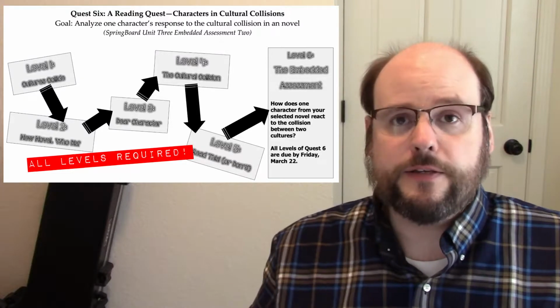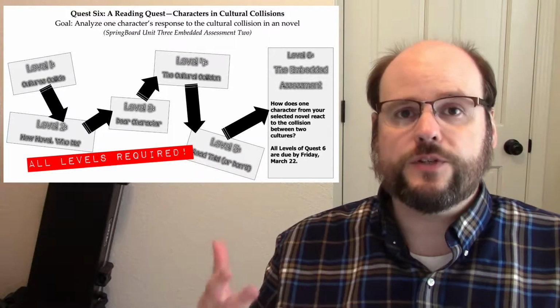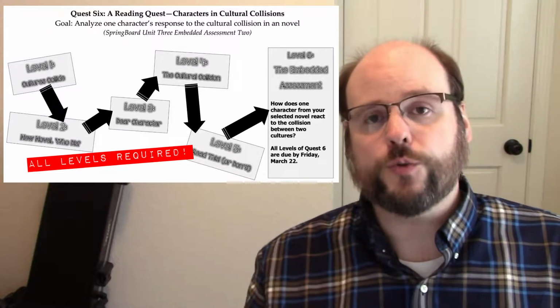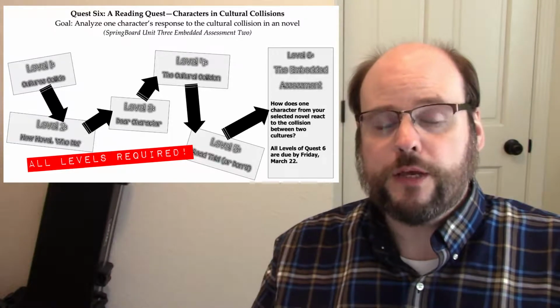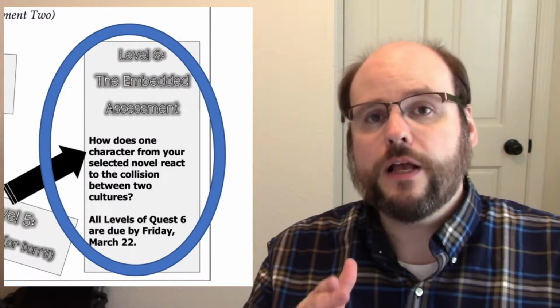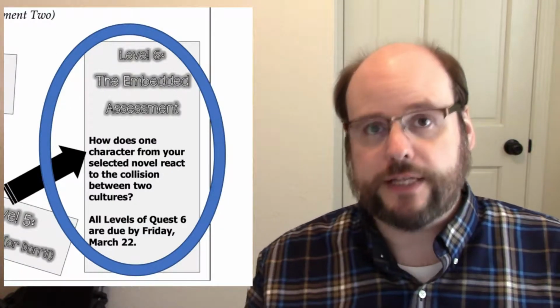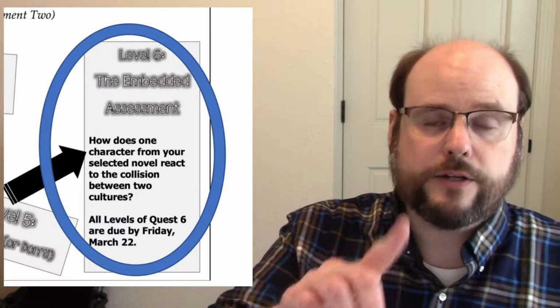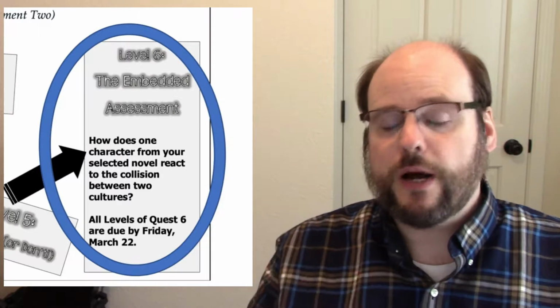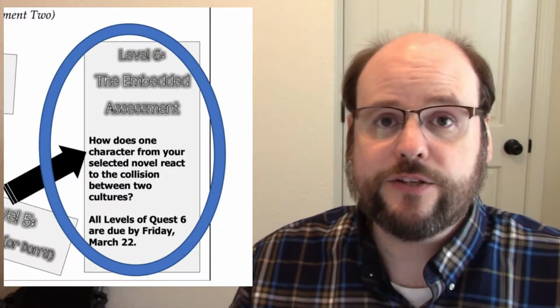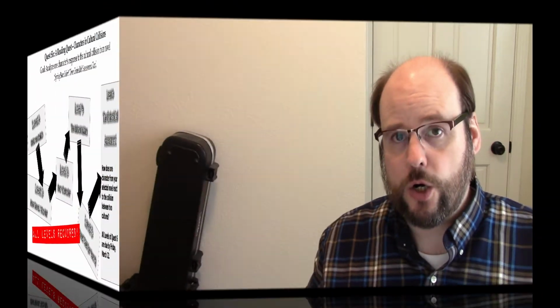In fact, in some of these books, there are 5 or 6 or 7 different characters who find themselves in some kind of cultural collision. I bring this up because your final level for this quest, level 6, is to write an analysis of how one character in your book responds to and deals with the collision of cultures that happens to him or her.